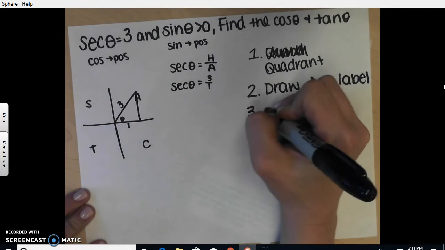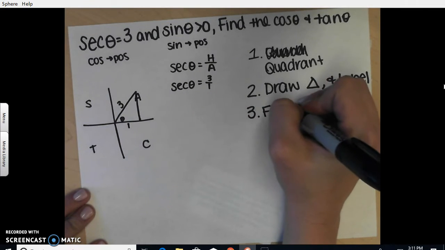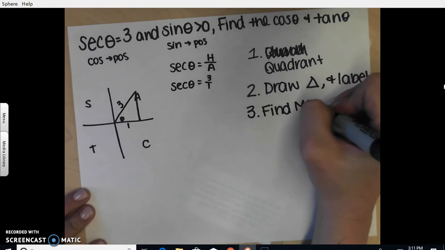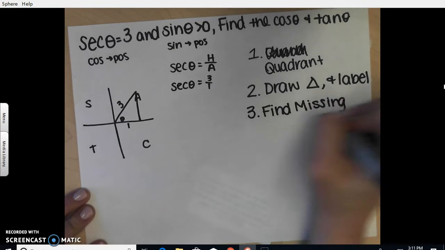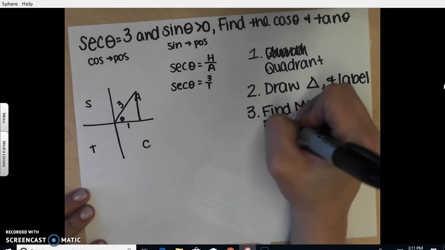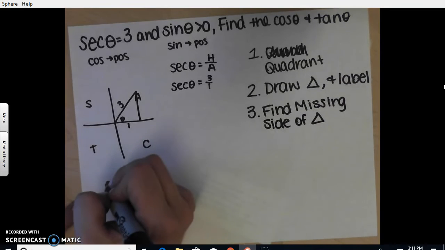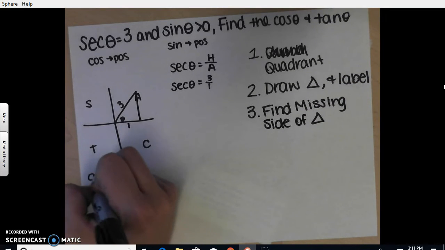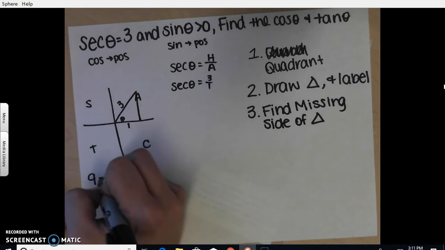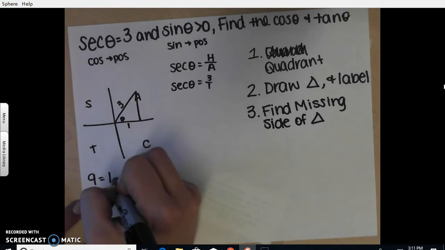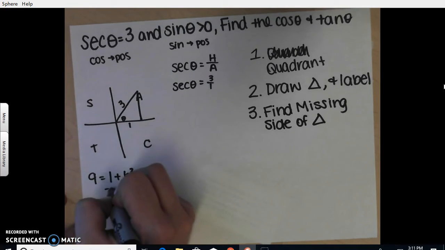So step 3, find your missing side of the triangle, and I use that by Pythagorean theorem. 9, which is 3 squared, is equal to 1 squared plus b squared. Subtract 1.